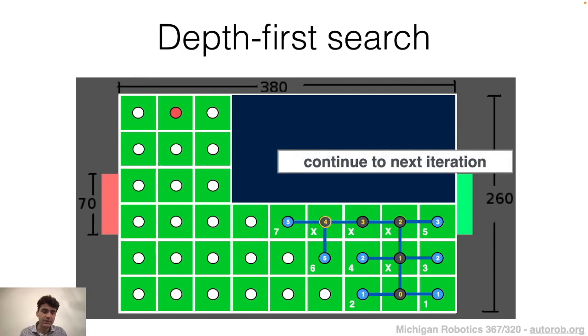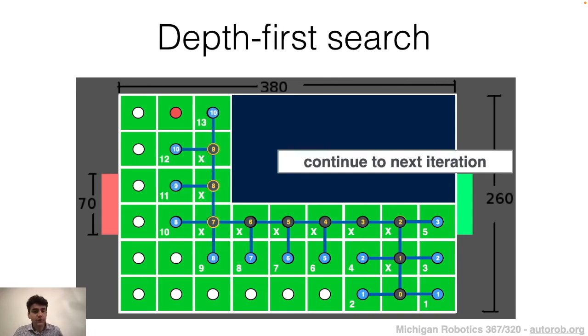Once again, we would continue to the next iteration where we choose to visit the most recently added node of our visit list, expand that node by adding its neighbors to the visit list, and then we continue this process of expansion and visiting new nodes and expanding on the newly visited nodes and so forth, again using that predefined order for choosing which nodes to visit.